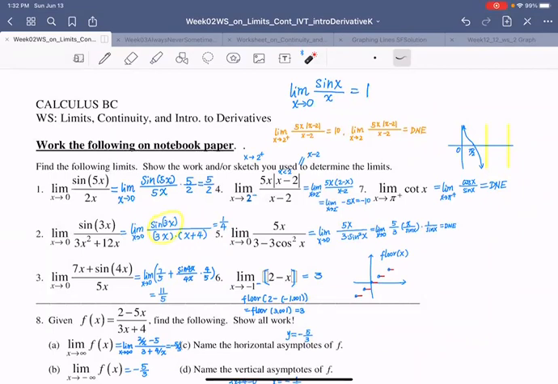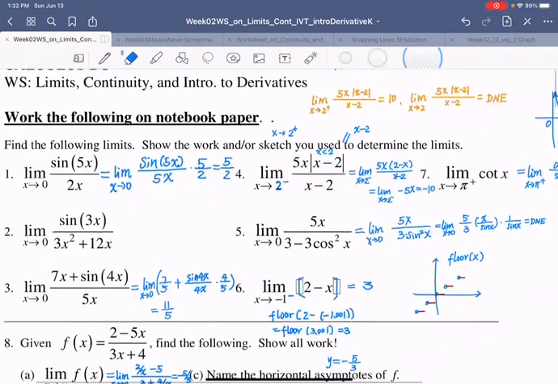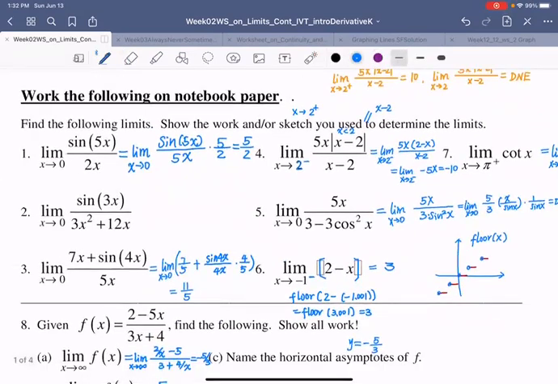Lawrence, let's work on number 2 together. I think you can pull out 3x on both sides at the bottom. Sure, let's go ahead and do it.